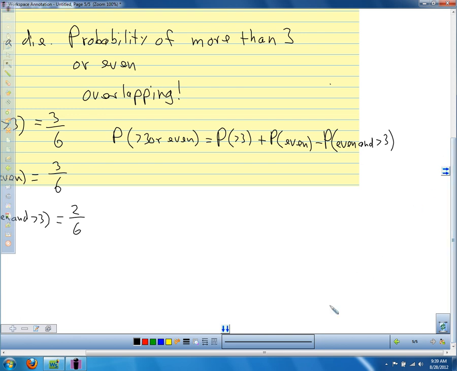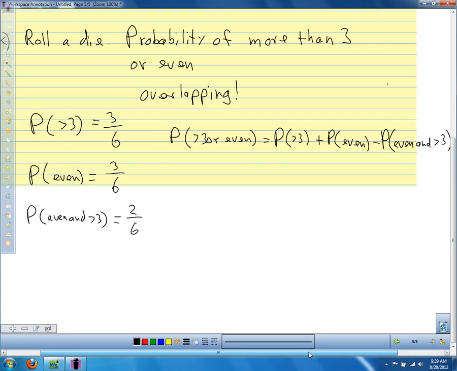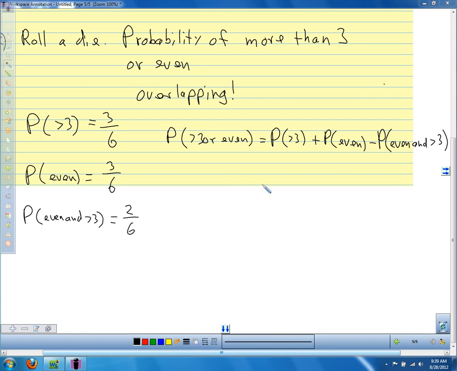That's what our formula tells us to calculate. So I have that this equals probability of greater than 3 is 3 over 6. Probability of even is 3 over 6. And we're subtracting the probability of even and greater than 3, 2 over 6.